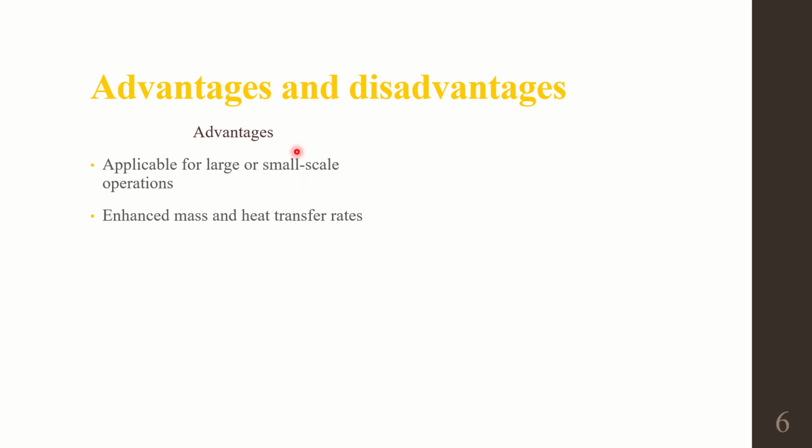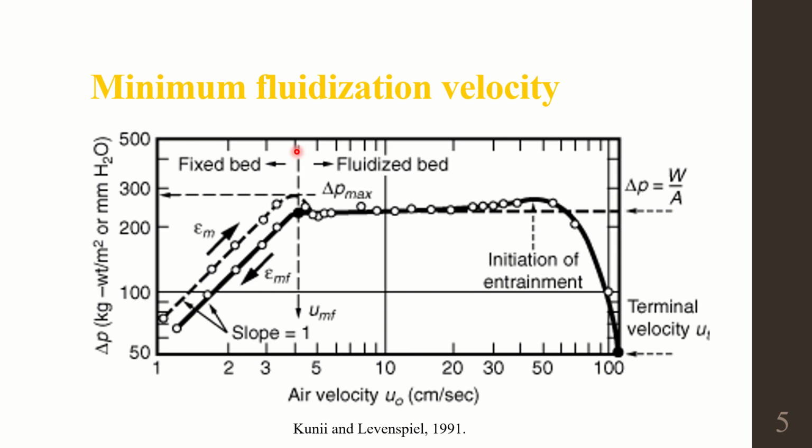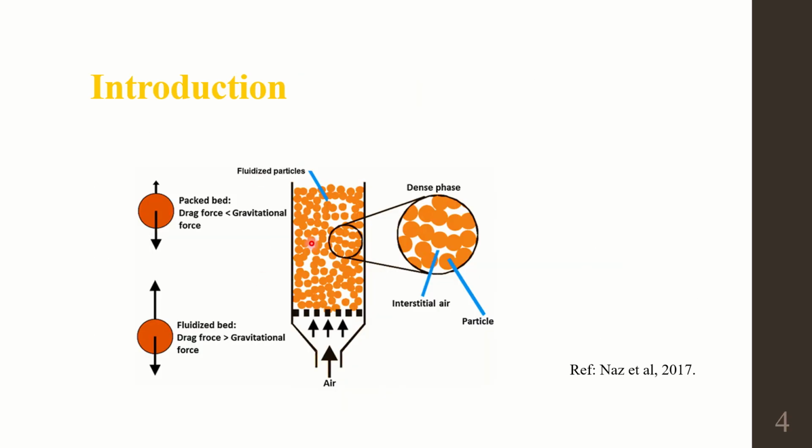Basically, the advantages when dealing with the fluidized bed are, first, it is applicable for large or small scale operations. It can be used for large scale operations also, which may not be possible with some other reactors. And as we saw in the first slide, because of the movement of solids we have so much voidage, and the chances of the particles reacting with the fluid increase because of the increased surface area.